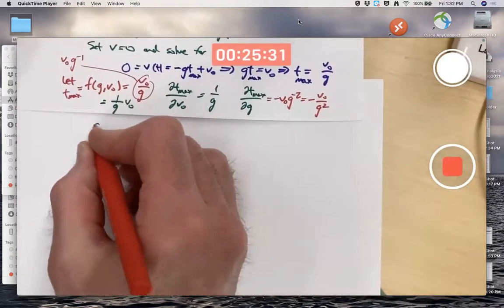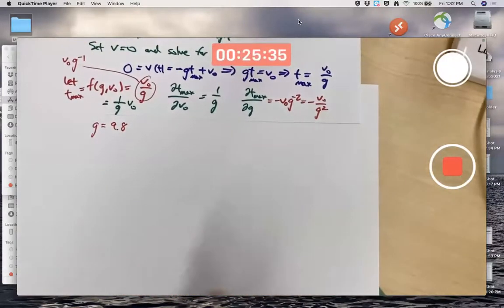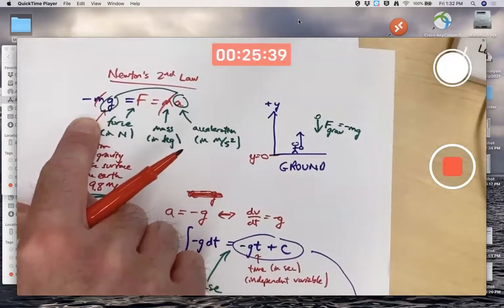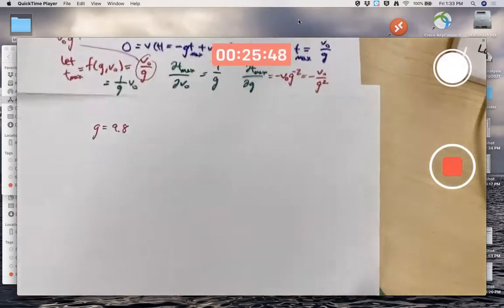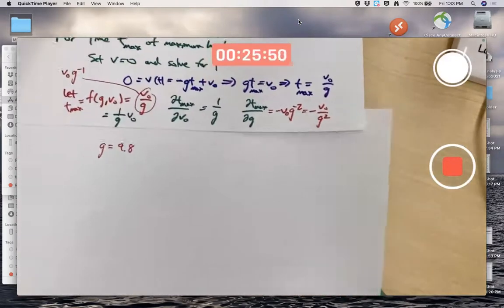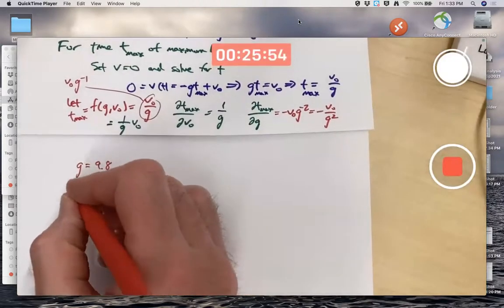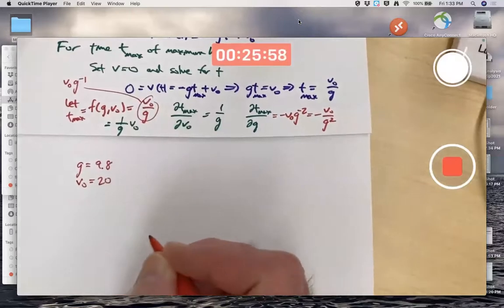So let's say G is 9.8, and you don't have the negative sign there because the negative sign was already taken care of in the model. G itself is a positive number. Negative G in this context is the acceleration due to gravity. It's got to have the negative sign, but G itself is a positive number. So let's take G to be 9.8, and let's take V0 to be, oh, maybe I could manage 20 meters per second if I did it.